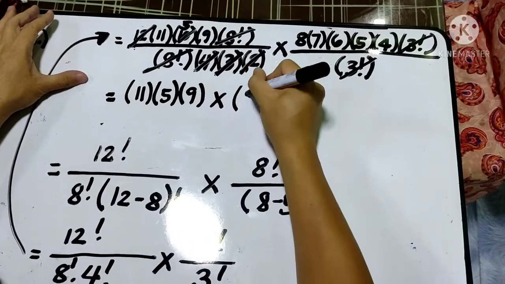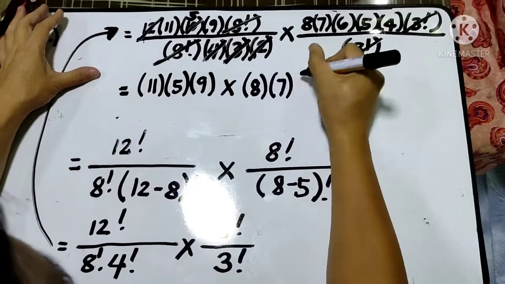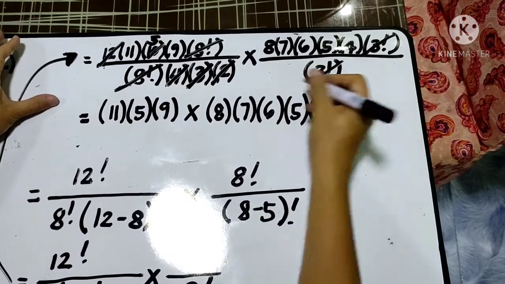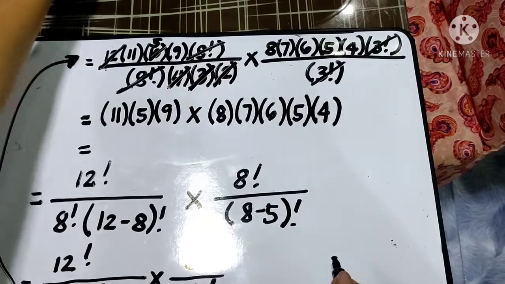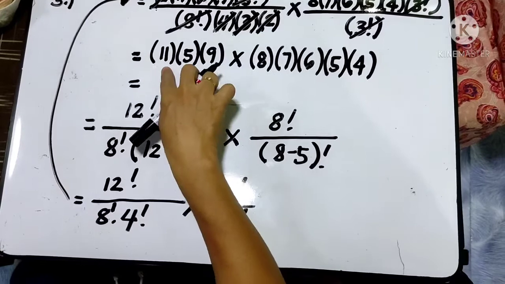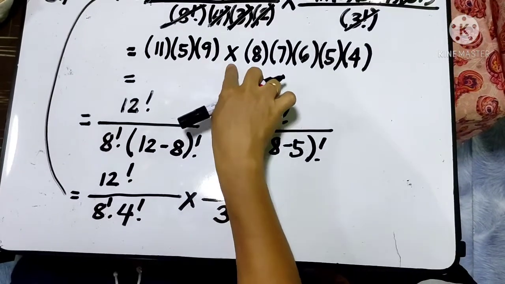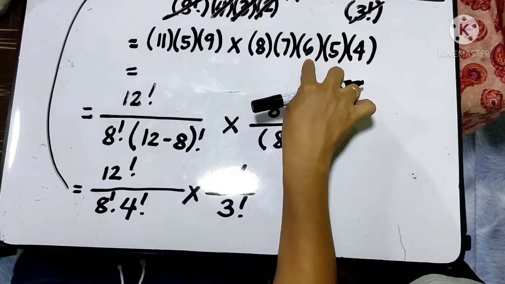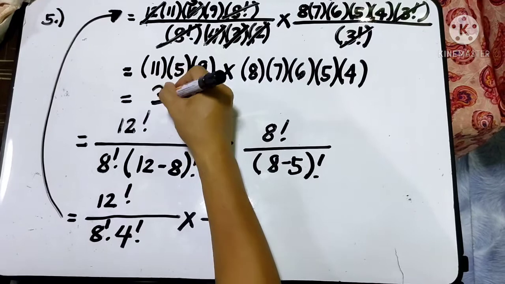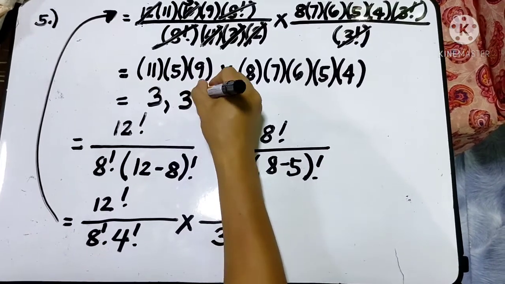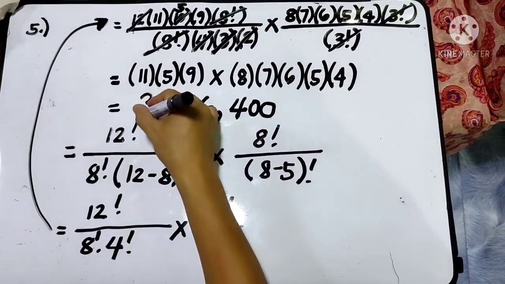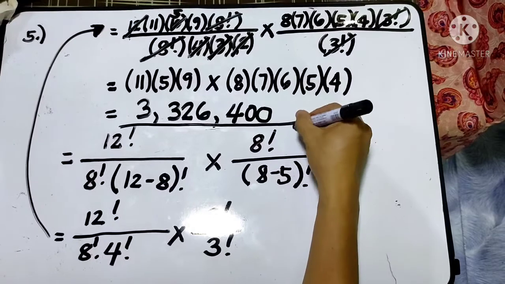So, you will have 8 times 7 times 6 times 5 times 4. You multiply everything. 11 times 5 times 9 times 8 times 7 times 6 times 5 times 4. And that will give you 3,326,400. So this is now the final answer.